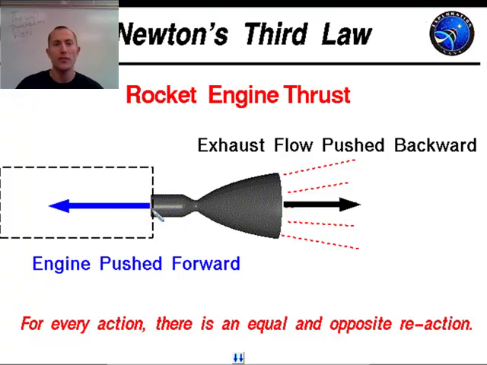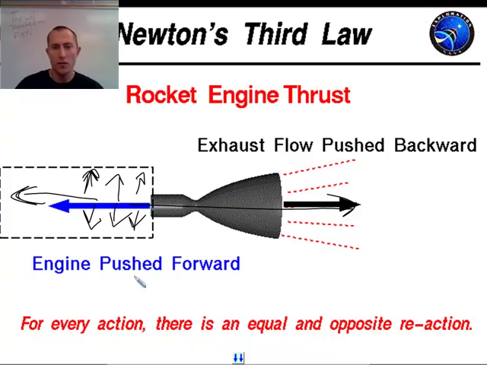These molecules are flying all over the place, and they're exerting forces in all directions on the interior of the container. Some of them are hitting the front, exerting a force forward. Some of them are hitting the top. Some of them are hitting the bottom. And then some of them are coming out the back.